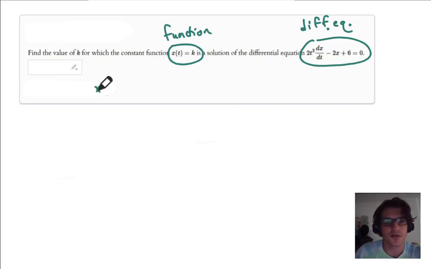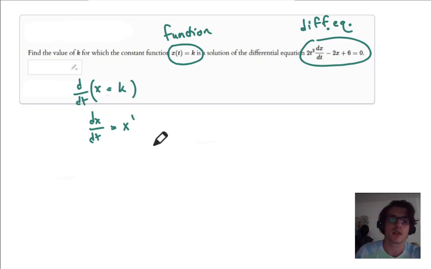We have x equals k, and we're going to take the derivative with respect to t. The derivative of x is dx dt, or we can write it as x prime, of course. But I'm using dx dt because that's what we see over here. The derivative of k, the derivative of any constant, is 0.